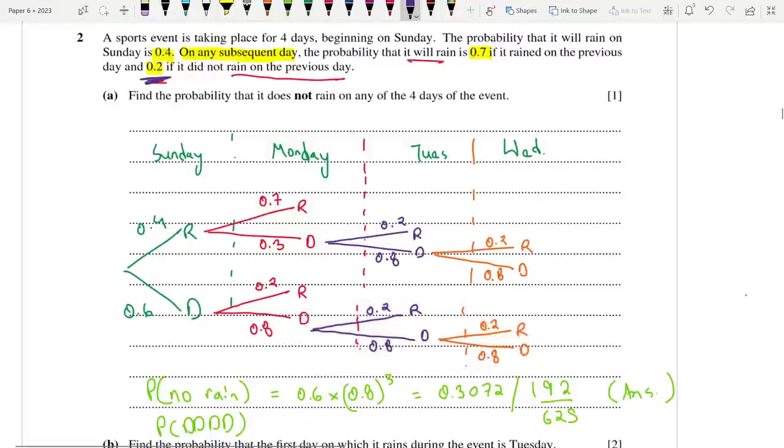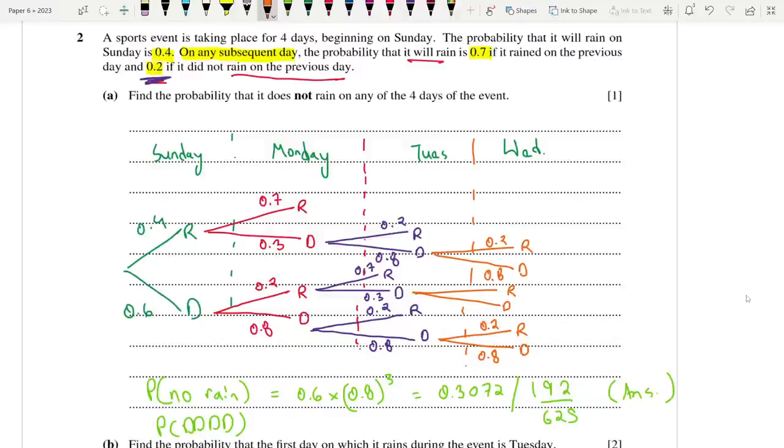Okay, so does not rain, rains. At the end I have to draw all of them, it seems. Then rains, does not rain. Since it rained on the previous day, the probability of raining will be 0.7 over here and 0.3 over here. And then on the final day, it won't rain again: rains, does not rain.